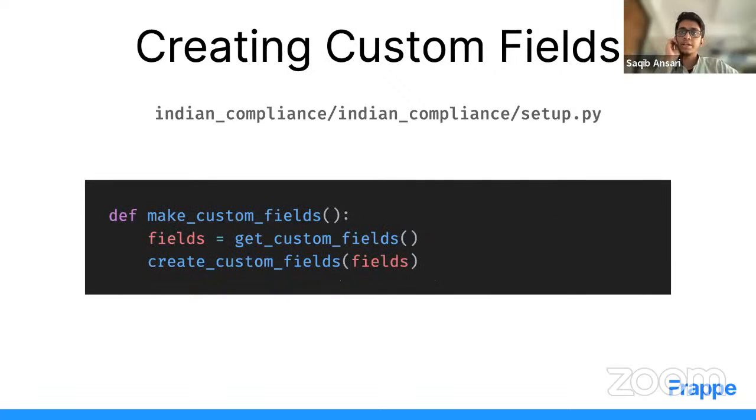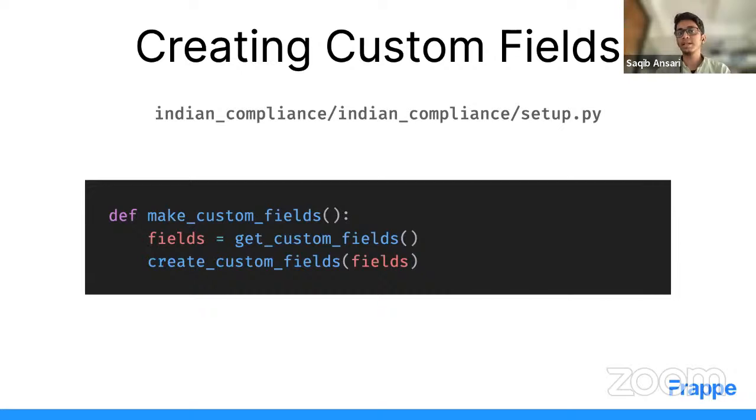Then you go on creating custom fields. For example, in the Indian region, we add GSTINs and then PAN, other fields in address, customer, supplier. All those fields are just custom fields.